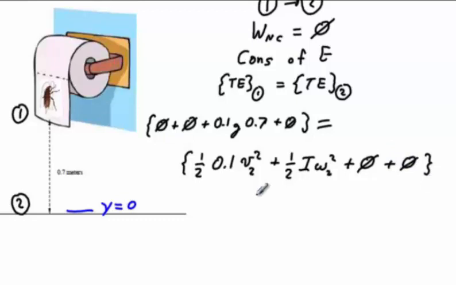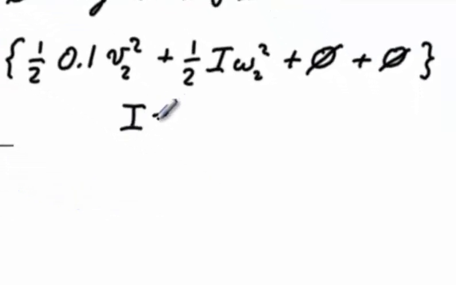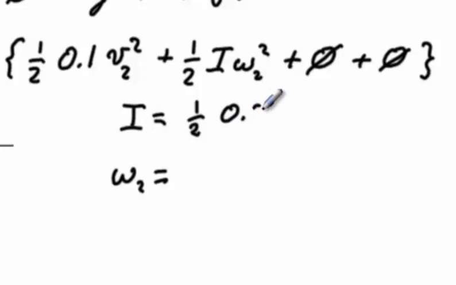In this equation, we will eliminate 2 rotational terms. These are the moment of inertia and the angular velocity at moment 2. Since we are approximating the roll of toilet paper as a solid cylinder, the moment of inertia will be 1/2 the mass times the radius squared. Even though I've been given the radius, I recognize that this radius will cancel out.